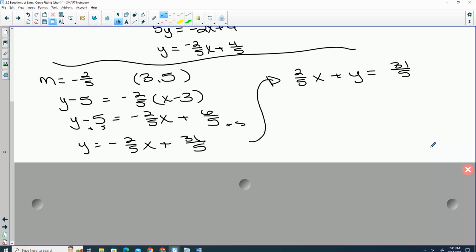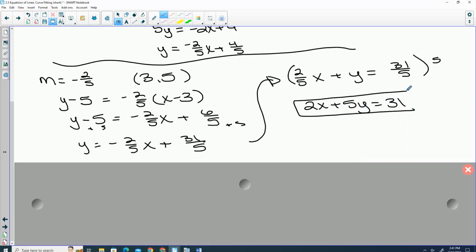A has to be positive. Those are both a check mark, but it said we can't have any fractions. So what would I have to multiply by? 5. So if I take everything times 5, we get 2x plus 5y equals 31. And that would be our standard form.